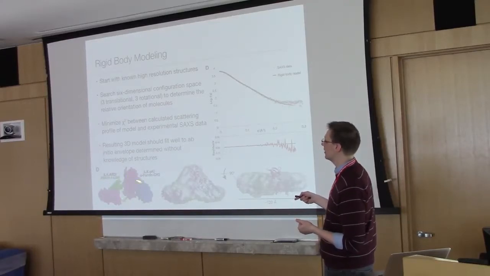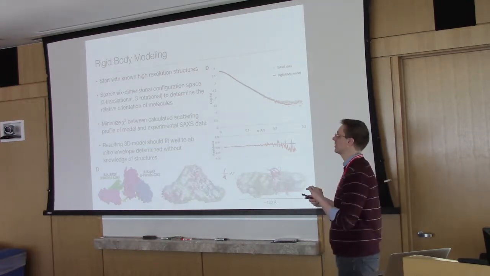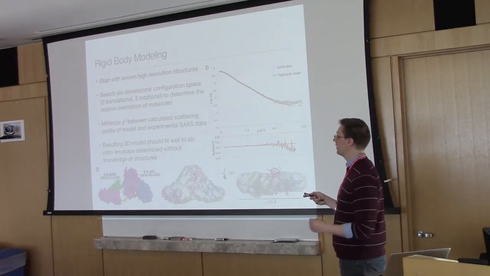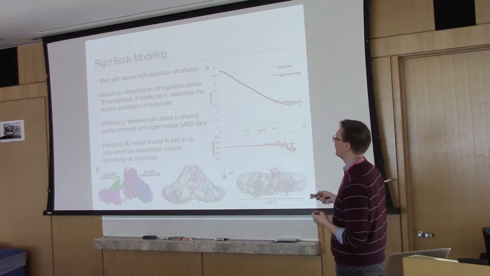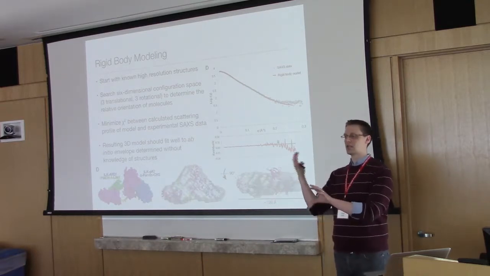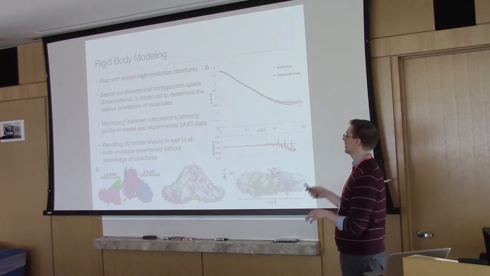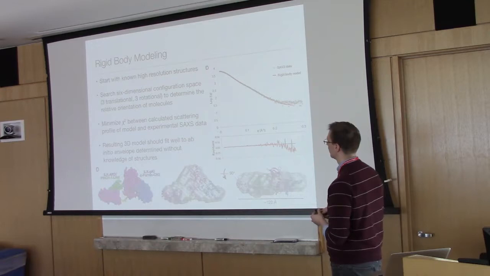We take these two structures and we search 6-dimensional configuration space in some intelligent way, like simulated annealing, to try and find what translation of B relative to A and rotation of B relative to A is going to give us a scattering profile that matches our data. And so we model this.